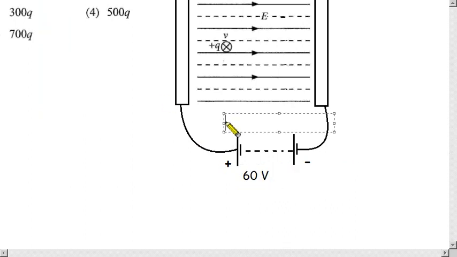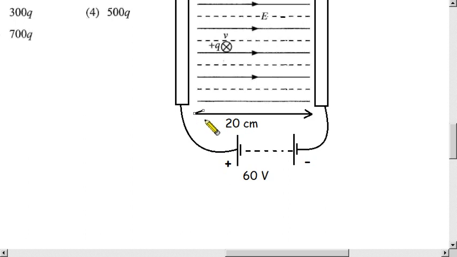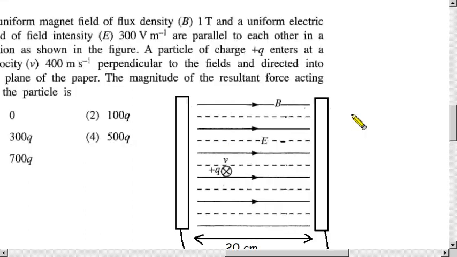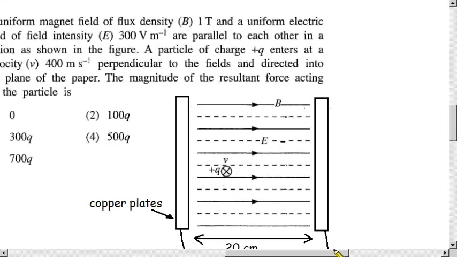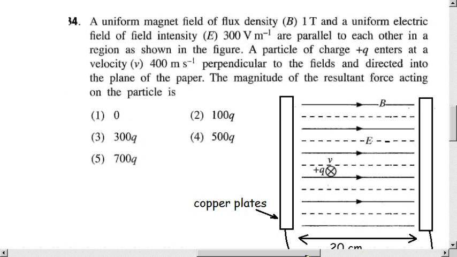Then this distance 20 centimeter, like this they show the distance, and they mark these are what? Iron plates, iron, no, copper. So like this, copper plates, and they change the question like this.